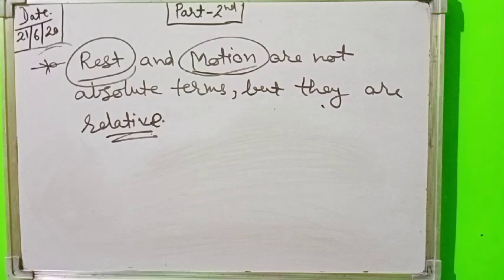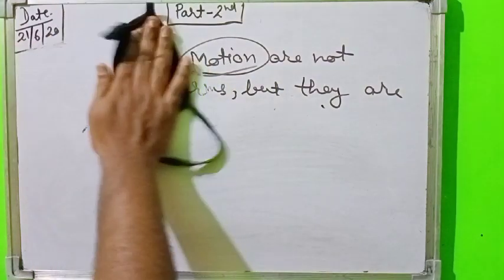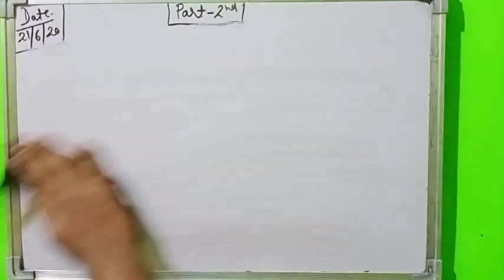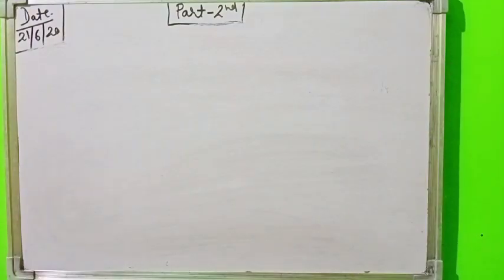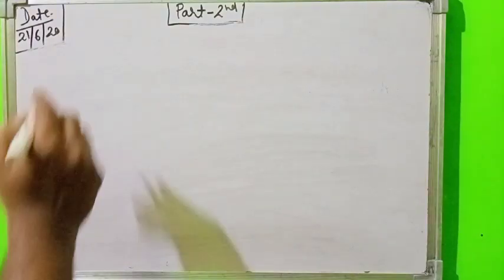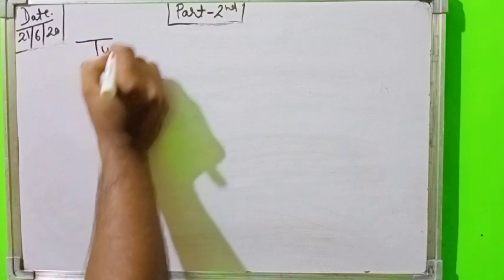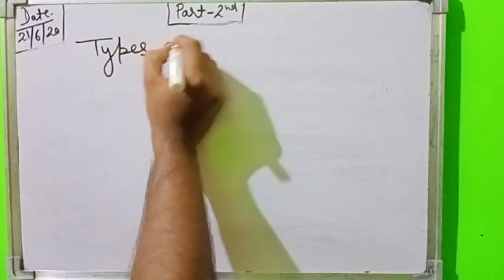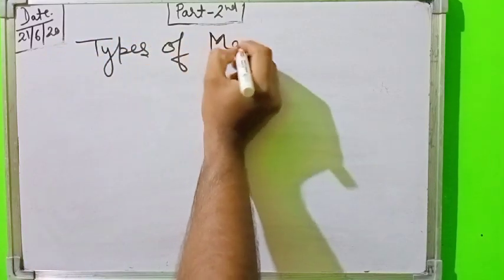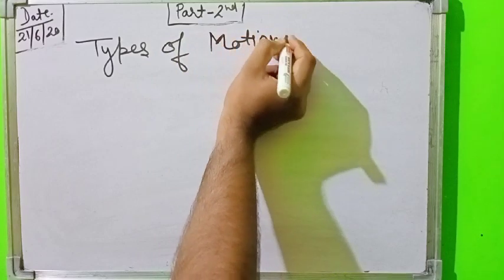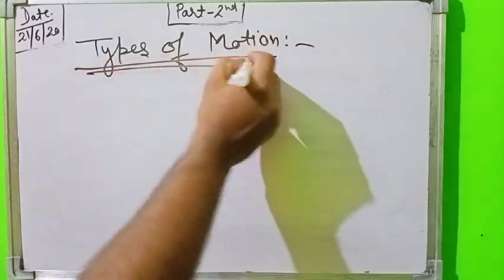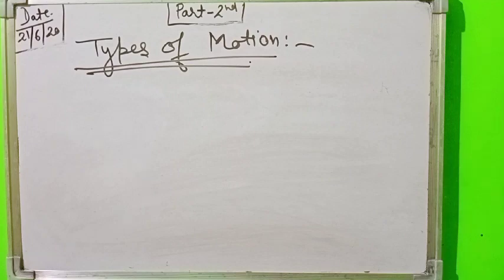Now we will discuss types of motion. What are the different types of motion? Different types of motion have been classified on the basis of two things.